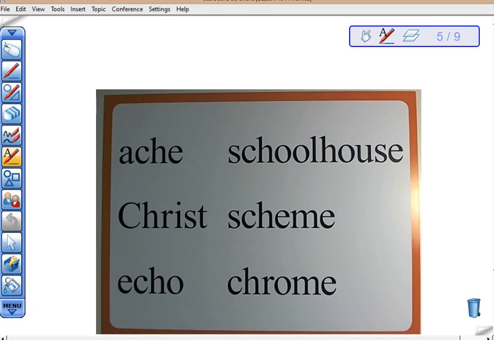This is when I'm planning something. Echo. And this word is chrome. Chrome is that shiny metal. Sometimes we see it on a car. If you look back on our filing cabinets back there, those handles, those are chrome.